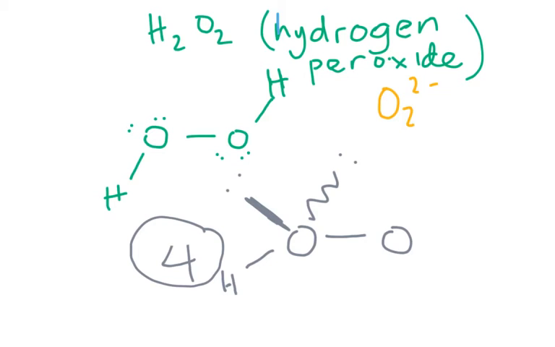So this is the geometry for the bond for this oxygen here, and notice how this oxygen has a bond that's identical to the other oxygen. They both essentially have the same electron geometries if you think about it, but they're just flipped over.